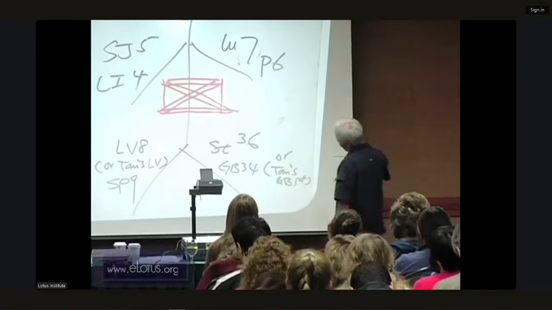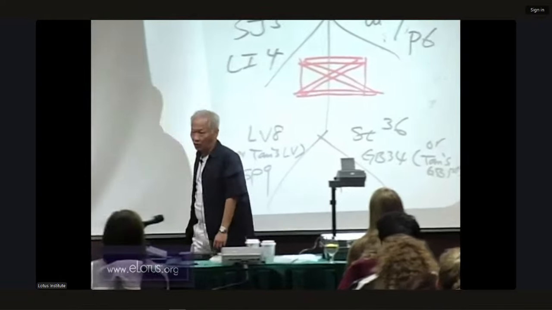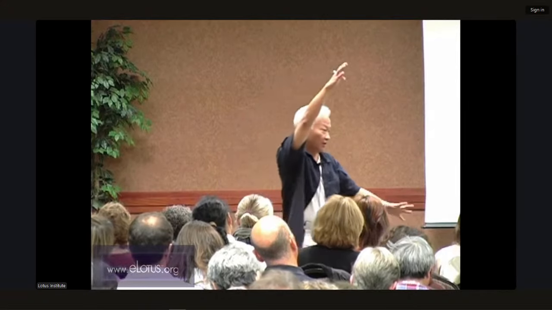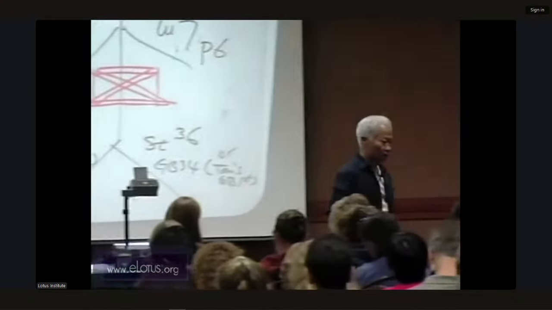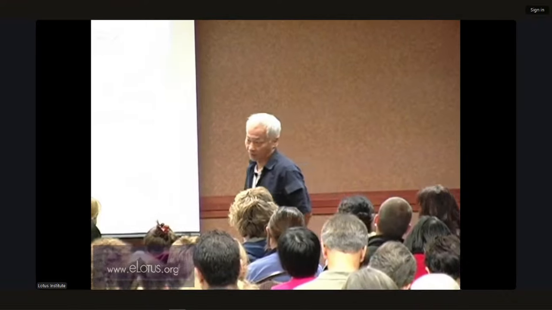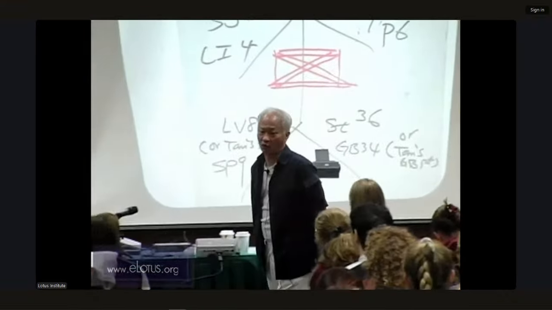Look at the image here. Stomach 36, treating what? Anywhere above and below the navel. Because you can reverse the image. 36 can be above the navel because it is below the knee. When you see the image, if the foot is ahead. Agree? Also, if you reverse the image, stomach 36 is below the navel. That's why stomach 36 is so powerful to treat all kind of what?